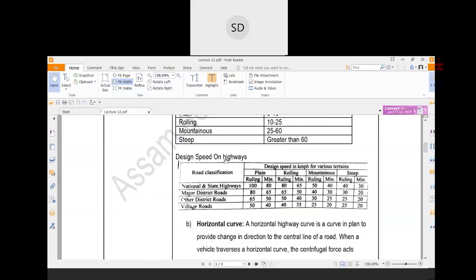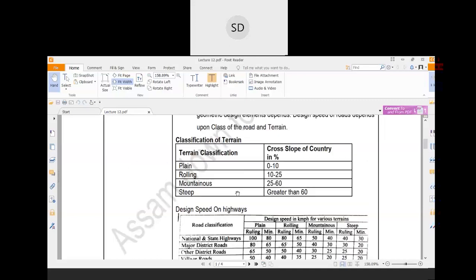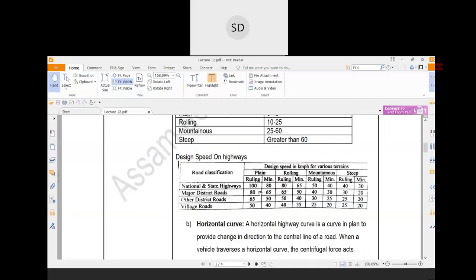Now, these are the design speed values based on the different types of terrain. For national and state highways, for ruling terrain, if it is plain terrain, for ruling and minimum, ruling meaning the maximum and minimum, the speed value is 80.